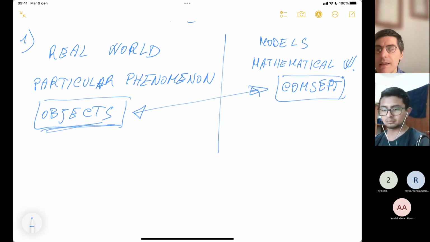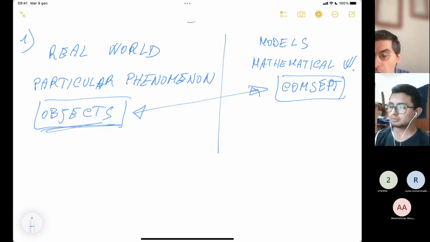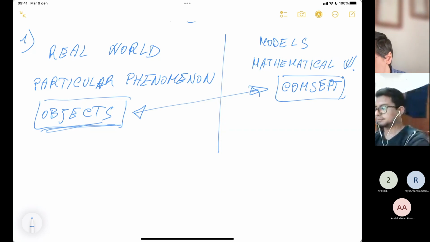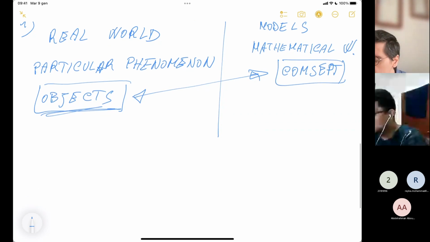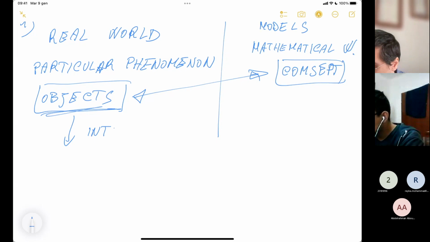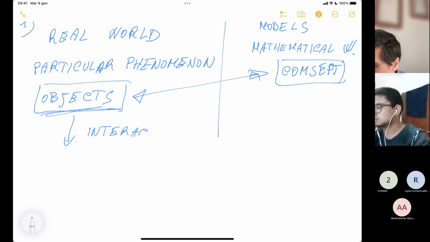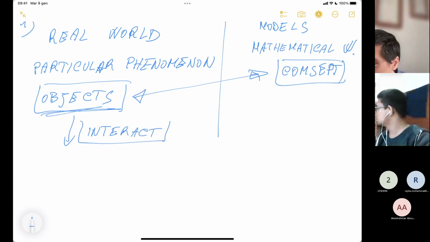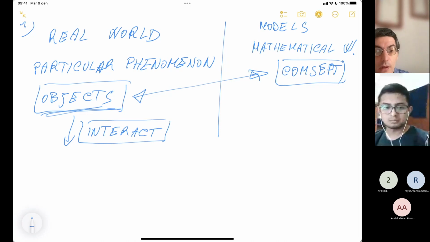So we can simplify in a way or another the geometry of our system, the object that we want to study. Then what happens? In the real world, many objects can interact with each other.